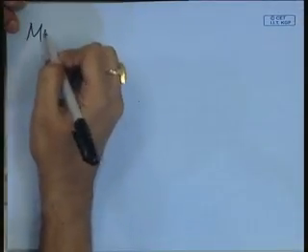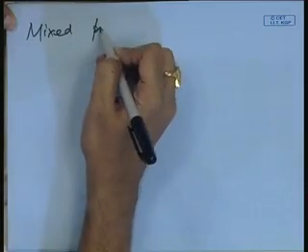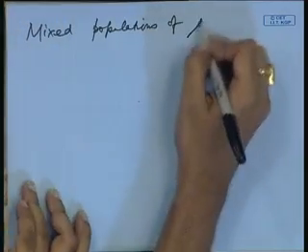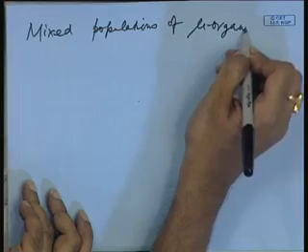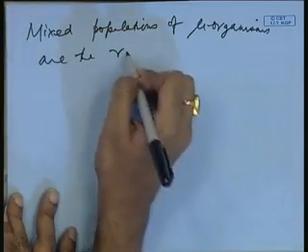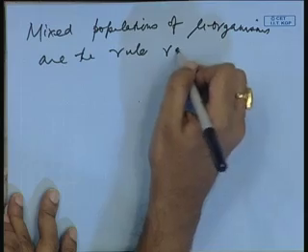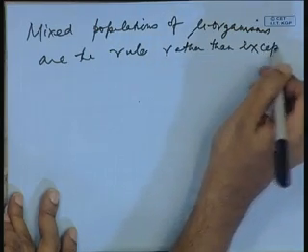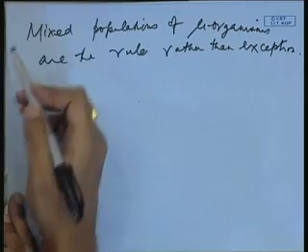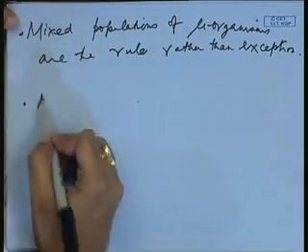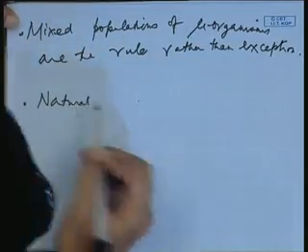Okay. It turns out that mixed populations of microorganisms are the rule rather than the exception. Okay. And natural cycles, what is their role actually?